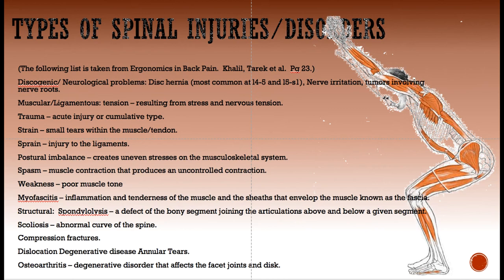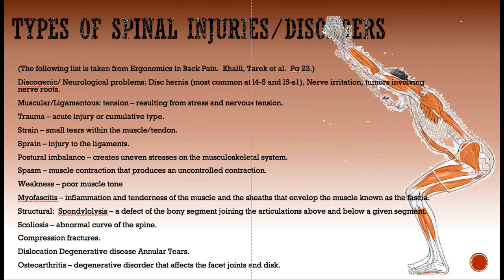But there is a list of spinal disorders, from disc degeneration to neurological problems such as a herniated disc and nerve irritations. You can even get tumors along your nerve roots, or muscular, tendon, or ligament problems. So it could be tendinitis or ligamentitis.